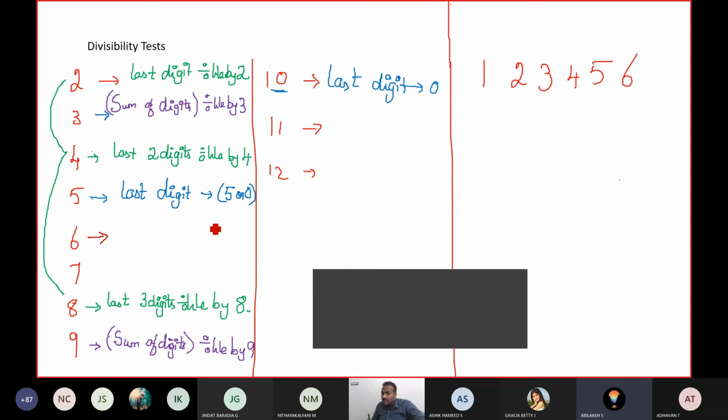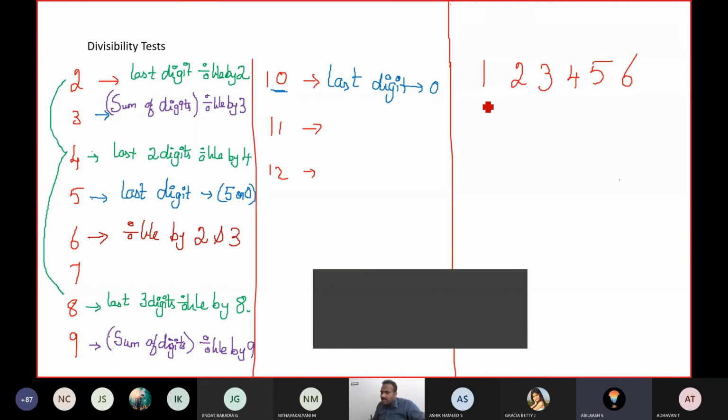If it is divisible by 2 and 3. Very good, super. 6 does not have a divisibility rule on its own. So if a number is divisible by 2 and 3, then the number is divisible by 6.